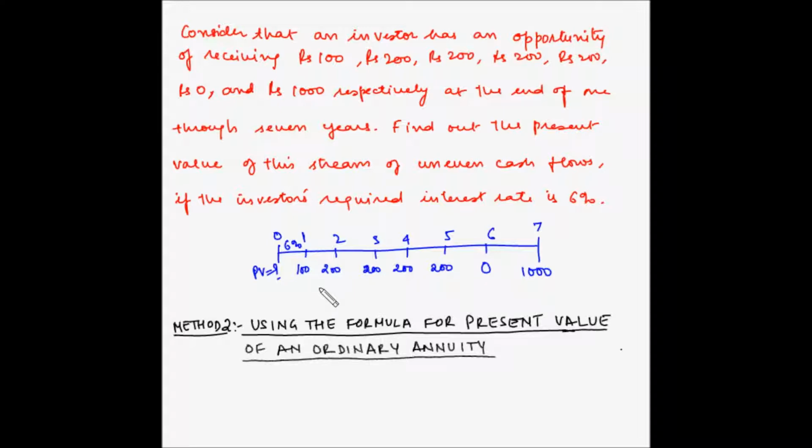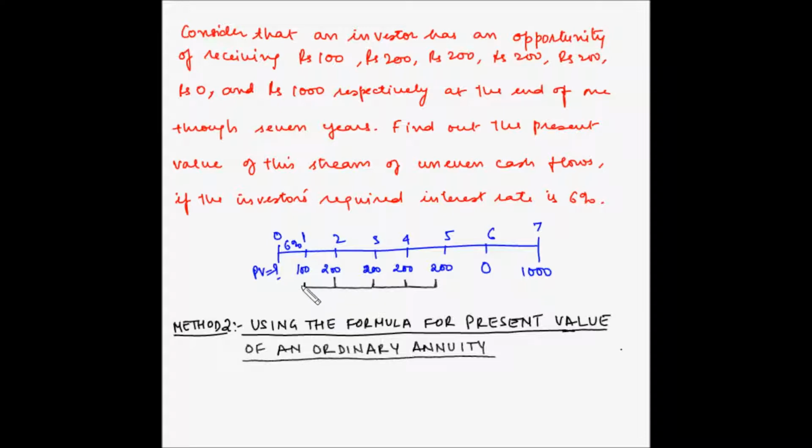So what we can do is we can take these 4 and use the formula of present value of an annuity to find the value at this point. So the present value of an ordinary annuity formula will get us the value at this point.